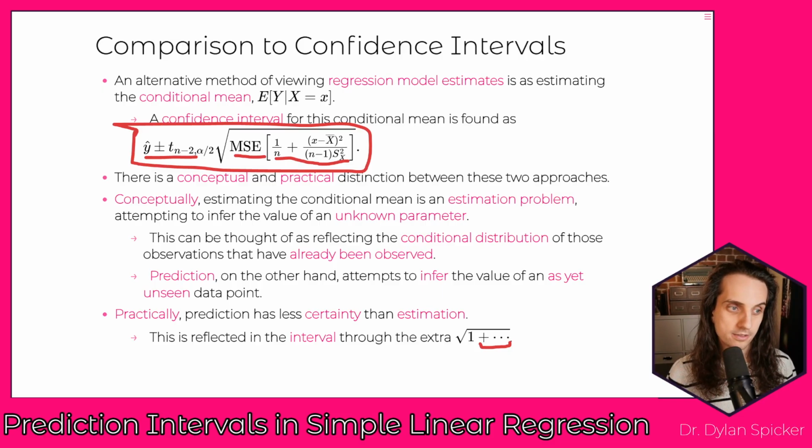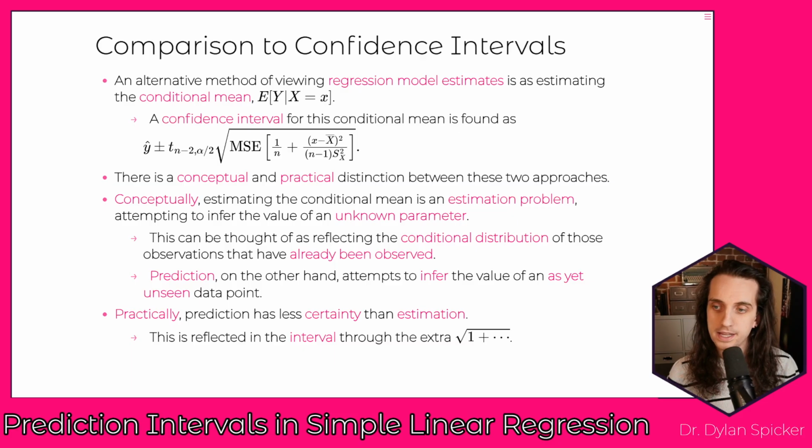The only difference is that in the case of prediction, we add a plus 1 inside the brackets. So we're increasing our variability ever so slightly with this extra 1. We're taking essentially the same interval, except we're a little bit less certain, and that's the new interval that we have.